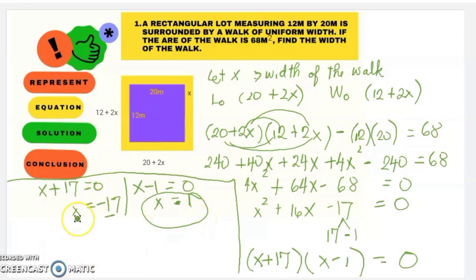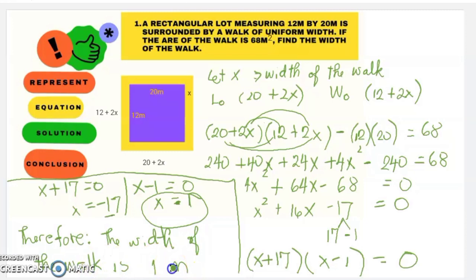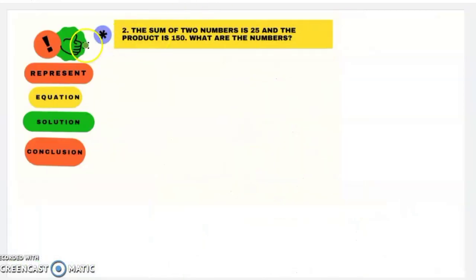So, therefore, ang conclusion natin, ang hinahanap is width. So, the width of the walk is 1 meter. Yan yung sagot.